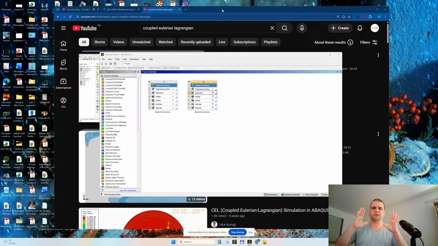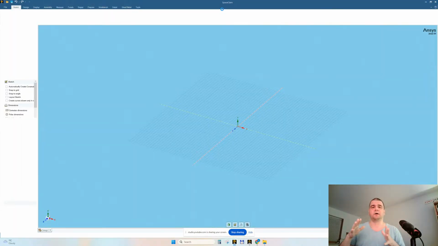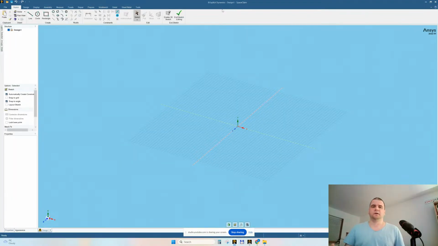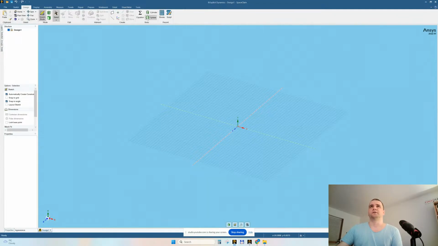In the beginning we'll just model a sphere and a tank filled with water. Then I will begin to refine, because the first approach with solids and Lagrangian bodies will not be correct. Then I will go into more and more detail in order to make a correct simulation.